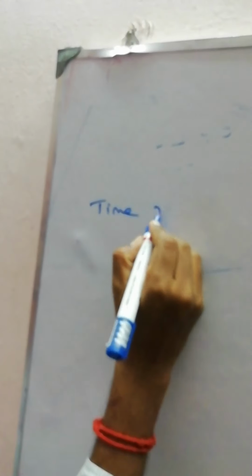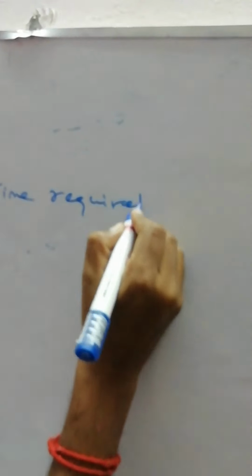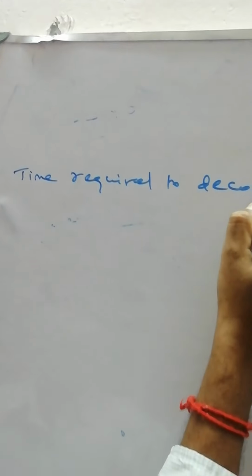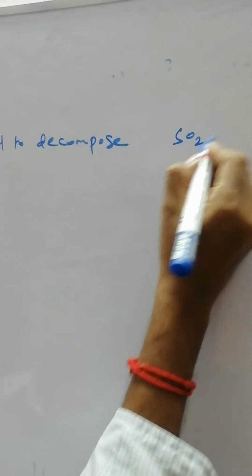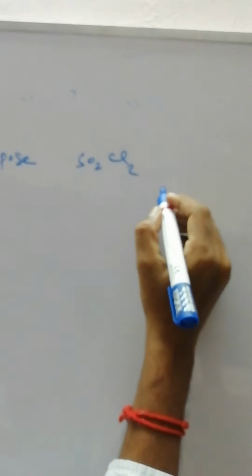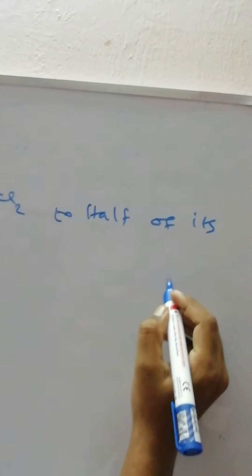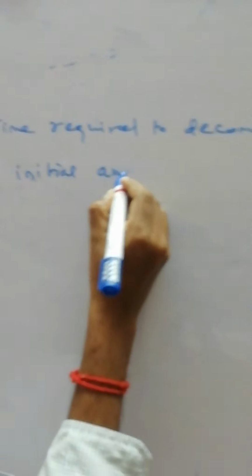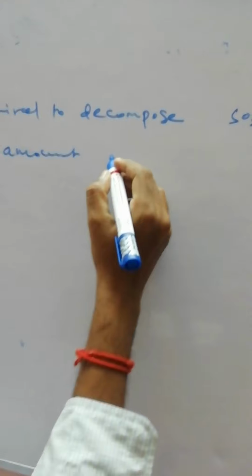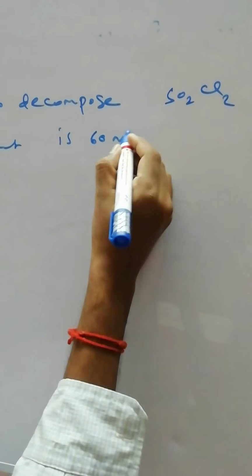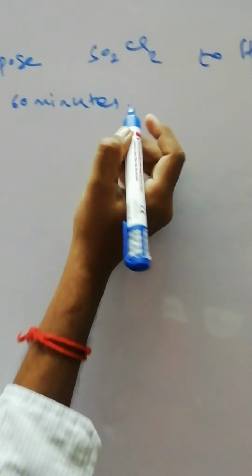Time required to decompose SO2Cl2 to half of its initial amount is 60 minutes. T half is equal to 60 minutes.